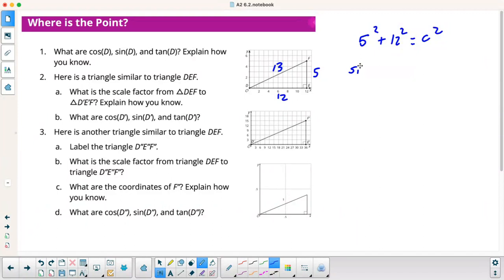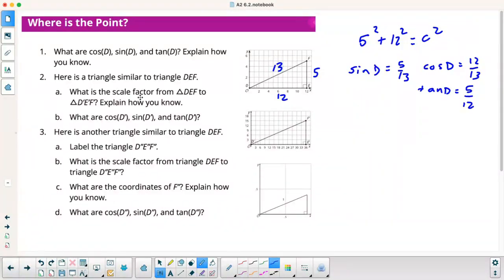So the sine of D, opposite over hypotenuse, 5 over 13. Cosine of D is adjacent over hypotenuse. Tangent of D is opposite over adjacent.